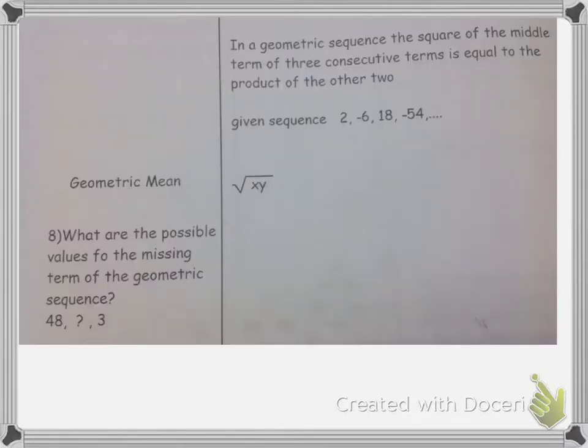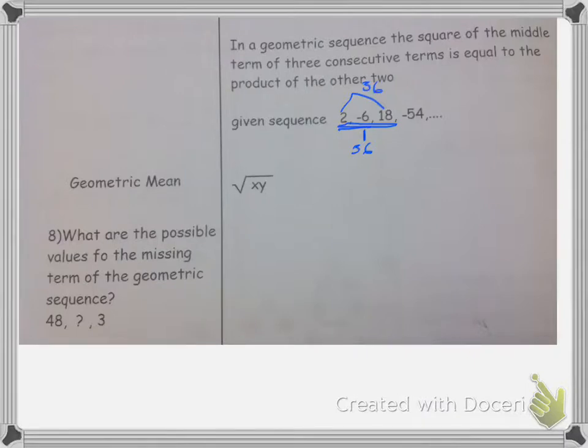So with geometric mean, it says in the geometric sequence, the square of the middle term of 3 consecutive terms is equal to the product of the other 2. Okay, so what that means, if I have these 3 terms, if I square the middle term, negative 6 squared is 36. That's going to be the same as the product, or multiplying the 2 on the outside. 2 times 18 is 36.